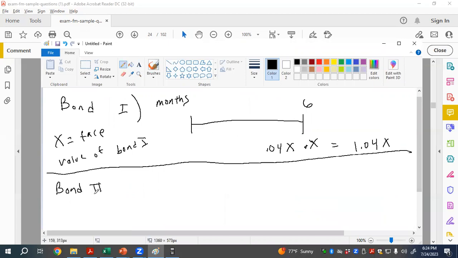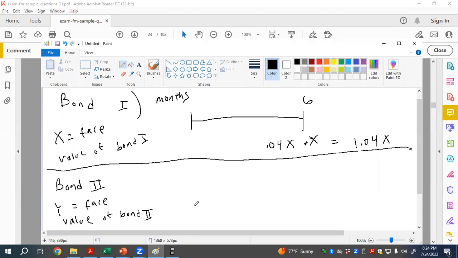So this is for bond 2. Let's say y is the face value of bond 2. Again, it's a 1-year bond, so we have 2 coupons. And sorry if it's not clear, as always, we start at 0.